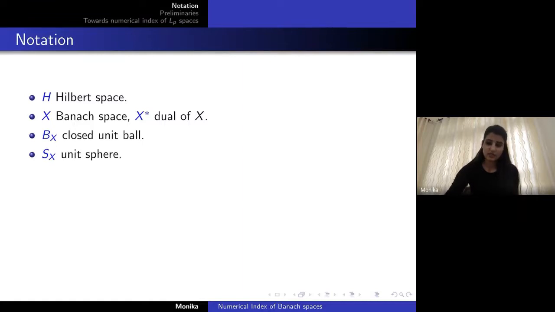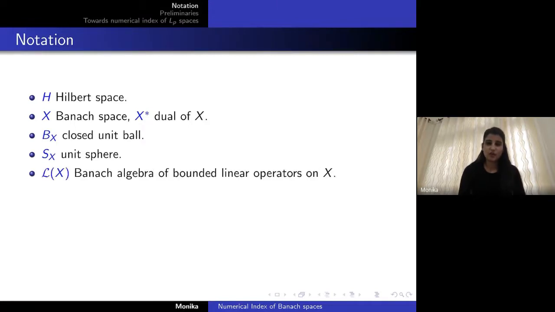Sx will denote the unit sphere. By script Lx, we will denote the Banach algebra of bounded linear operators on X. And for any bounded linear operator T, T star will denote its adjoint.